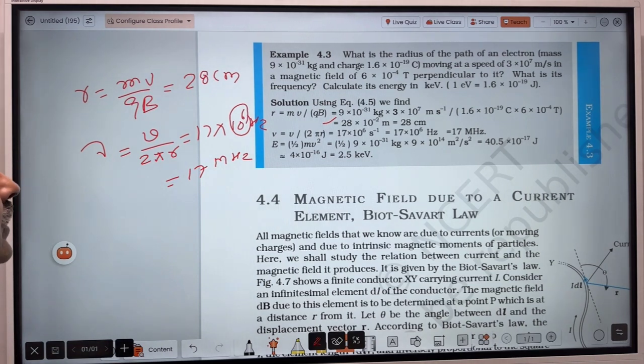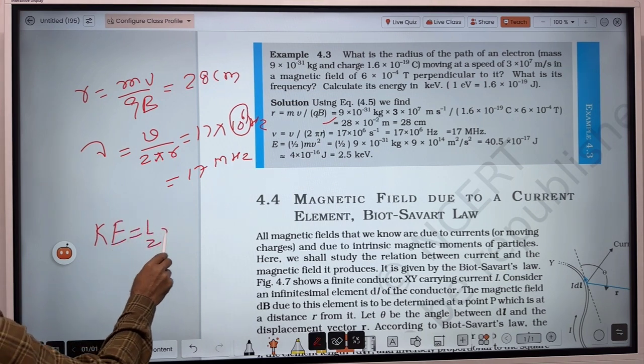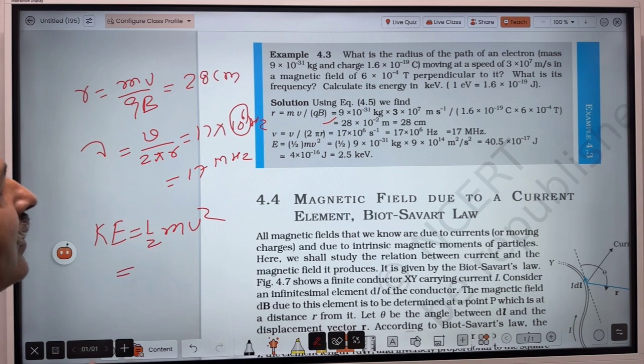Now, if you want to find out the kinetic energy, kinetic energy is half mv squared. So in our question, the mass of electron is given, velocity is also given as 3 into 10 power 7. So just put the values.